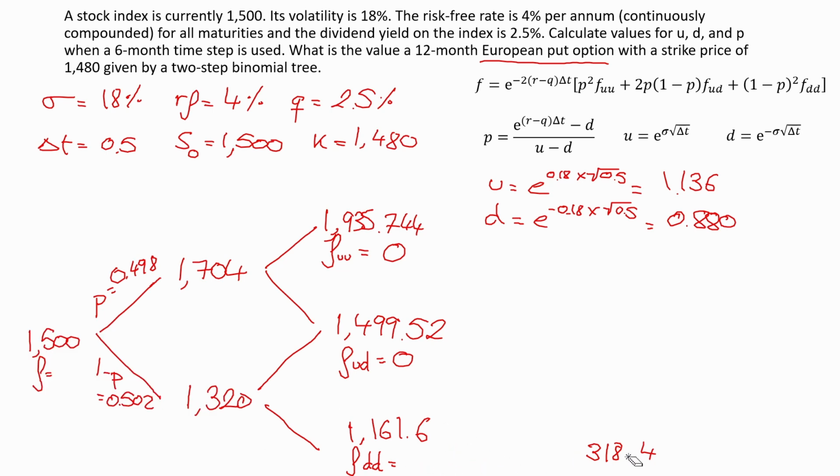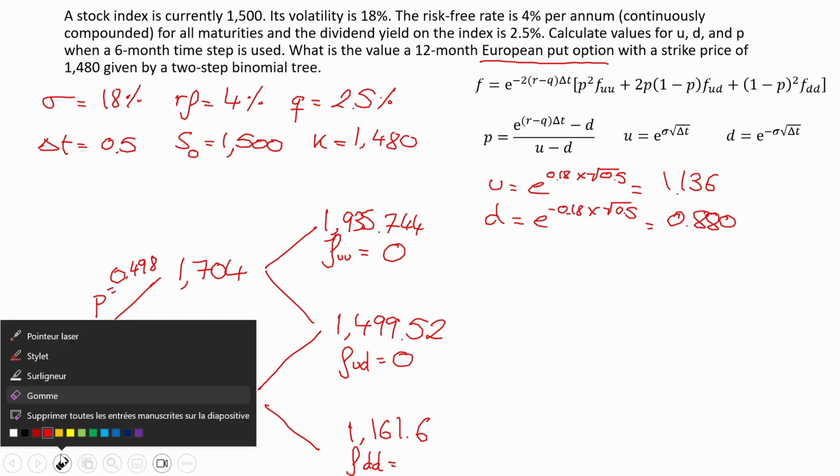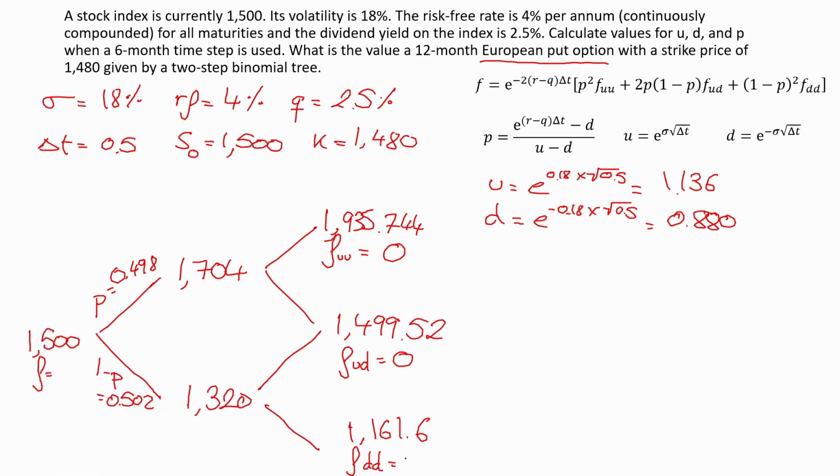Okay, excellent. So now we have the option values that we need in order to complete the formula. So this was 318.4. Okay, so now we need to use this formula to go directly back and find the current European put option value.